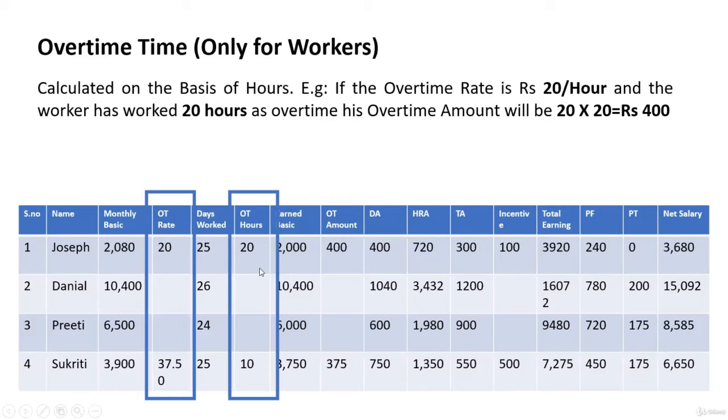Joseph worked for 20 hours besides their basic hours of employment, and Sukriti provided 10 hours of extra employment services to the factory or to the company. So on the basis of their overtime rate and the overtime hours they worked, we had calculated their overtime extra amount earned. After that we have calculated our earned basic salary and overtime amount as well, and this will get added in the earned basic salary.